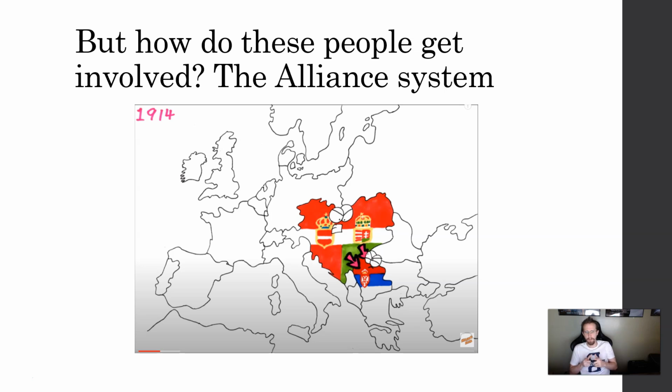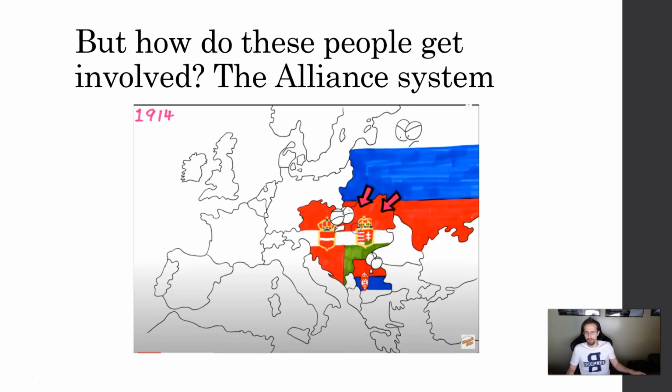So you have a fight between Austria-Hungary and Serbia, Yugoslavia back then, Serbia today, but there were friends involved with this World War I. In other words, because Serbia was friends with Russia, now Russia's like, hey, you can't do that to my friend in Serbia. I'm going to have to attack you guys. Well, Austria-Hungary also had friends.